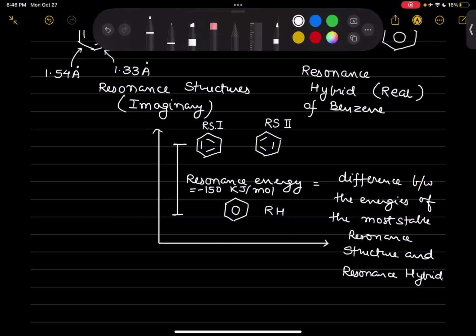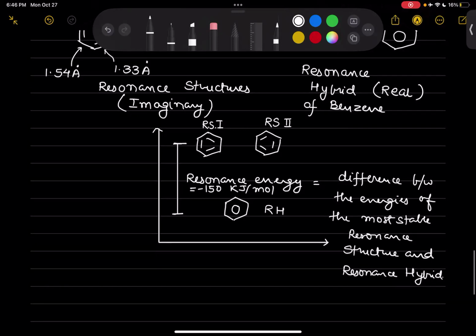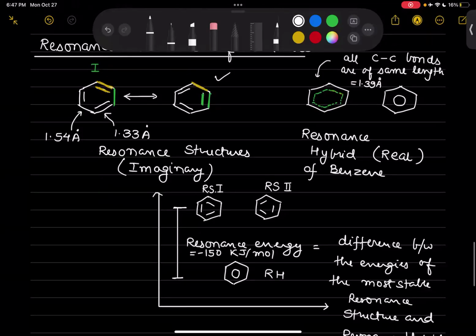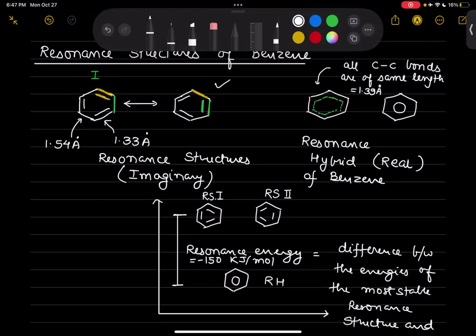So what is resonance? How will you define it? What do you mean by resonance? Resonance energy is the stabilization caused by the resonance.